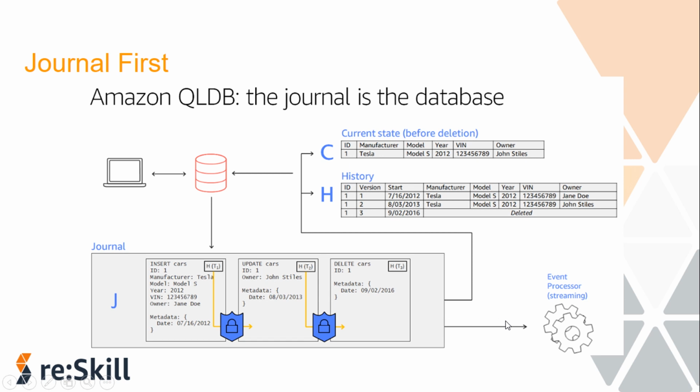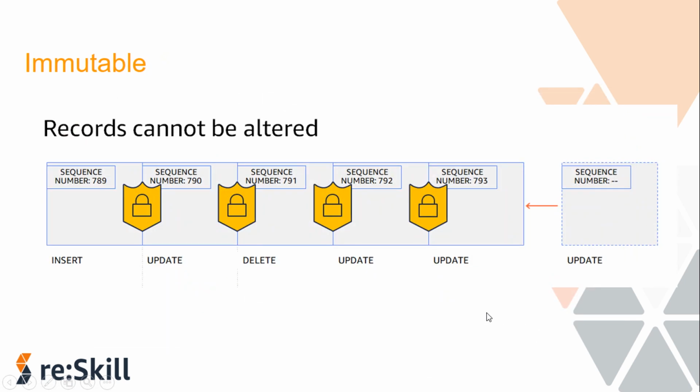You can export from here itself, or maybe you want to stream, you can do that as well. It is also immutable because the QLDB journal is append only. It keeps a full record of all the changes to your data that can't be deleted, modified or overwritten. And there are no APIs or other methods to alter any committed data in place. This enables you to access and query the full, real, unmodified history of your ledger.